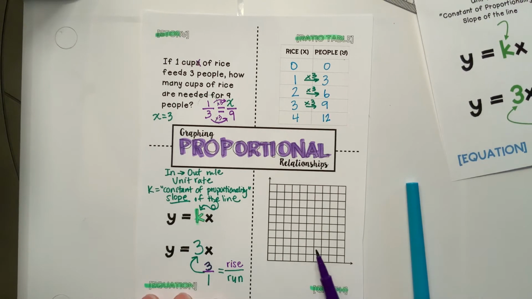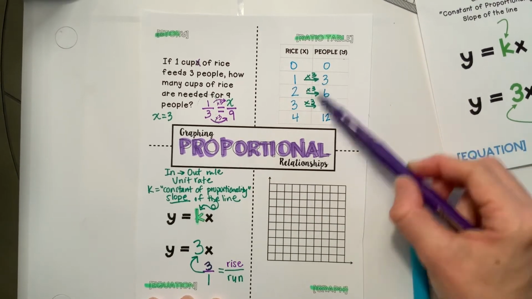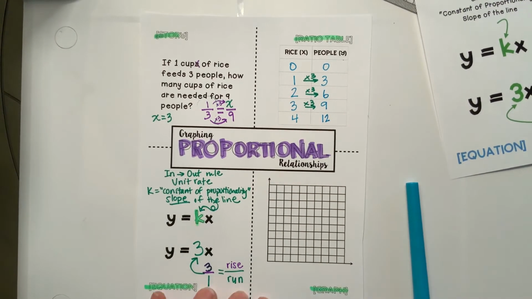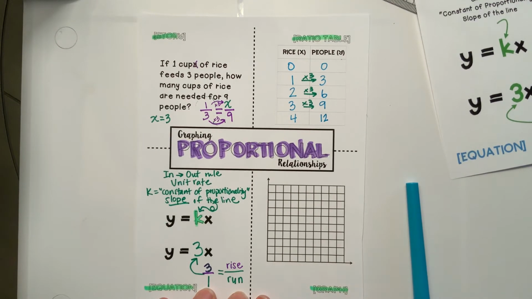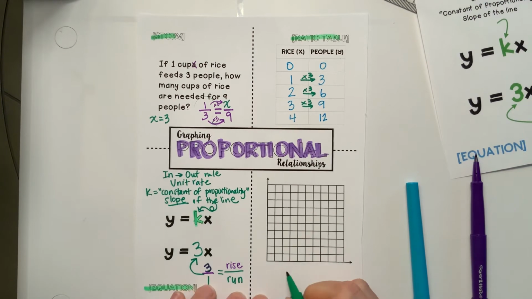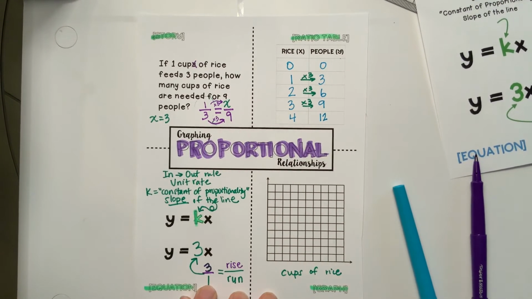Okay, so going over to our graph, we can take the in and the out from our ratio table and plot it on a coordinate grid. So if we were to take the x, or the cups of rice, we could label that here. So let's use green. Cups of rice.